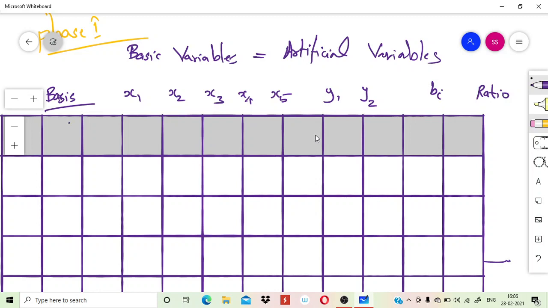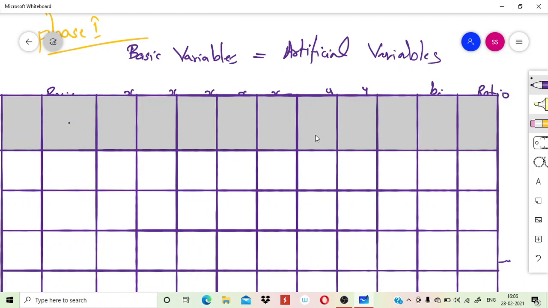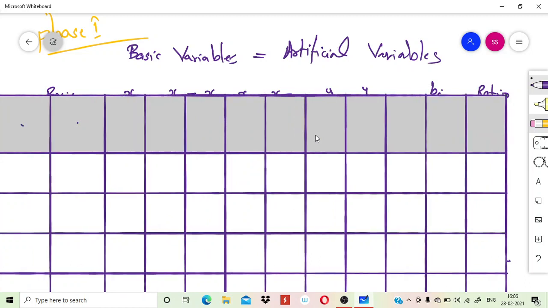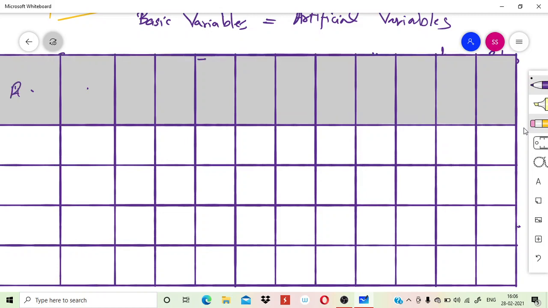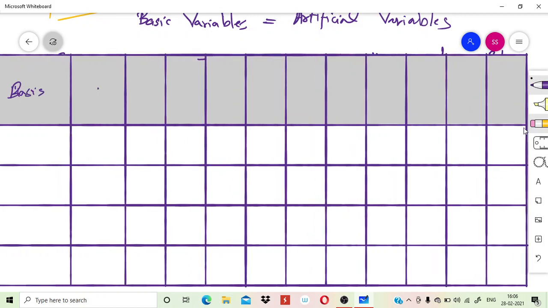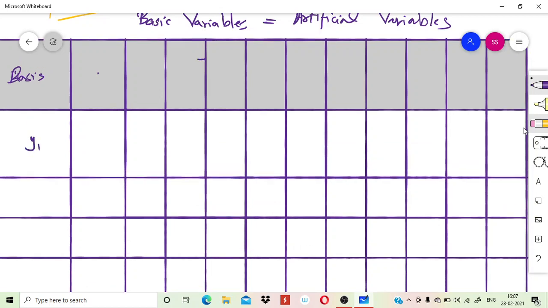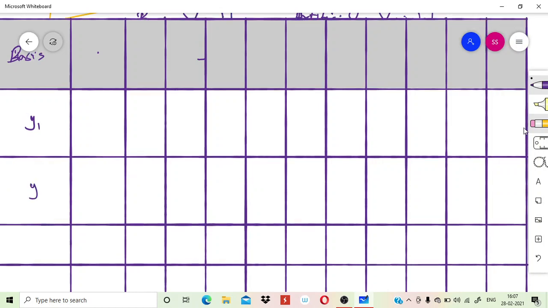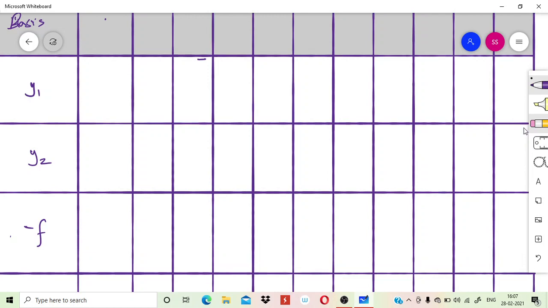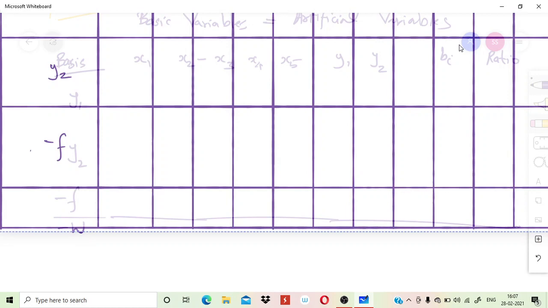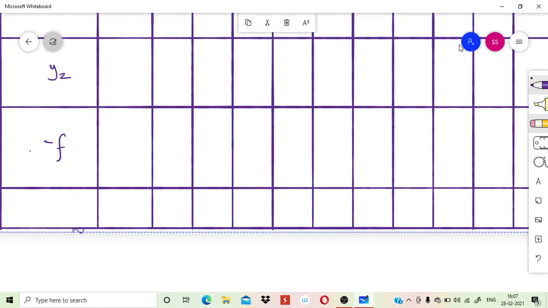Here we have the basis, the artificial variables y1, then y2, then minus f, and minus w.